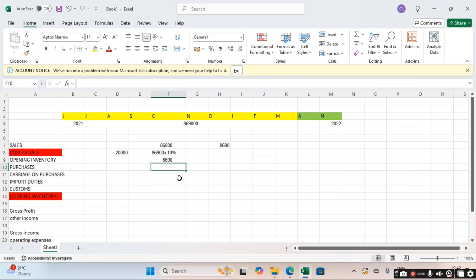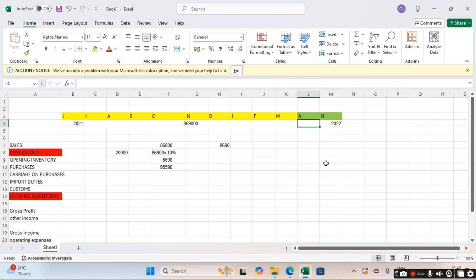So that's our increase, our 10% increase. And then therefore we say what? We say this amount plus this amount, to know the total amount we're supposed to pay for the month of April.